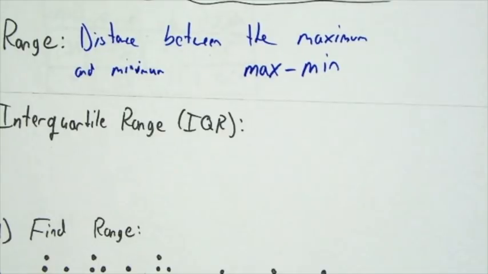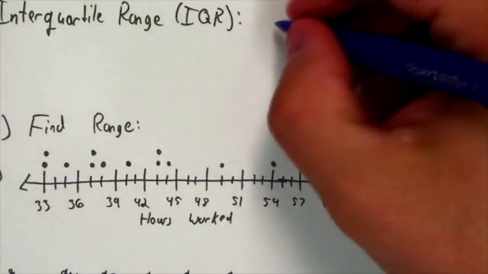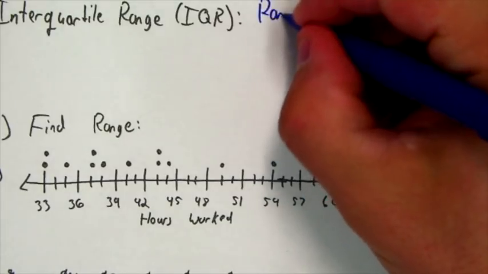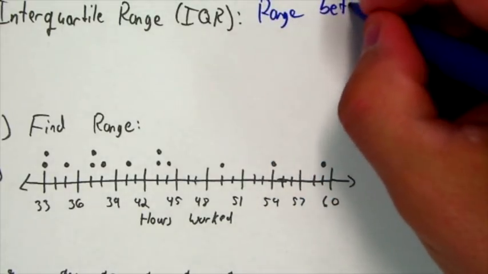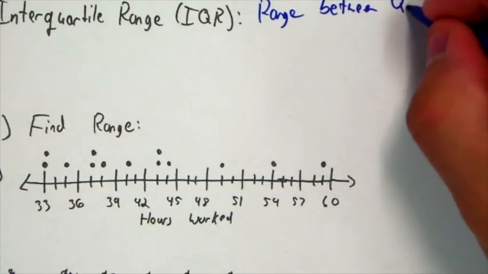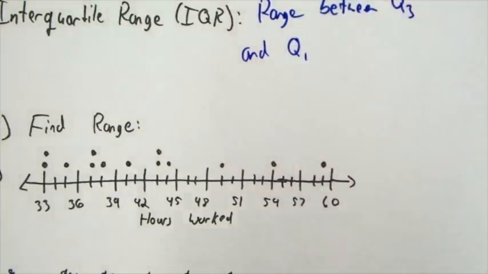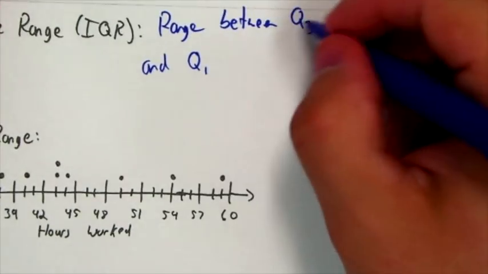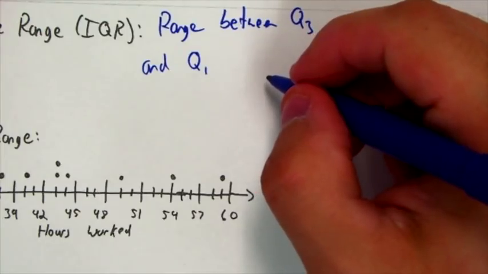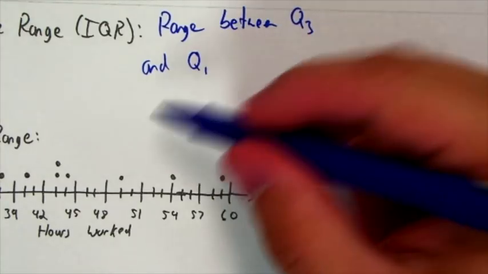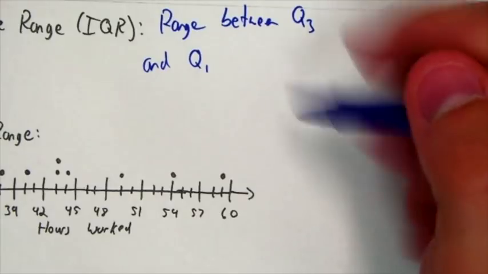The interquartile range is a little bit more difficult to find. The interquartile range is the range between quartile 3 and quartile 1. Now, what we have to do in order to find this is we have to find the median, and that cuts the data in between the lower half and the upper half.